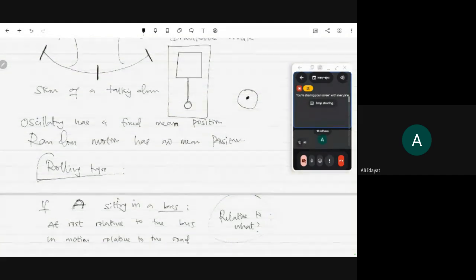Now, when an object is rolling, it has two types of motion. The motion around this fixed point. I told you that rotational motion is when an object moves around its own axis at a fixed center.